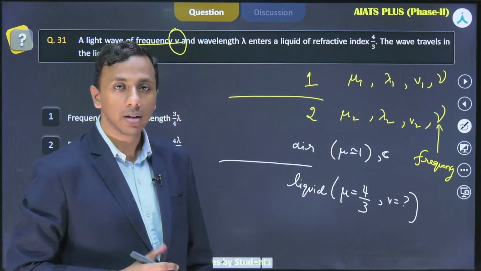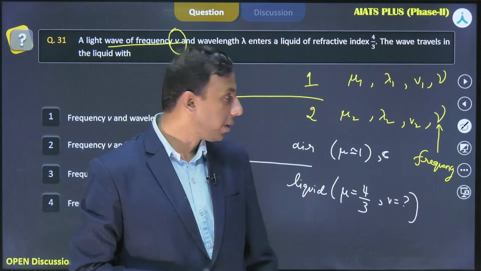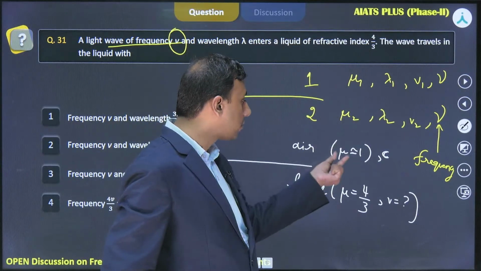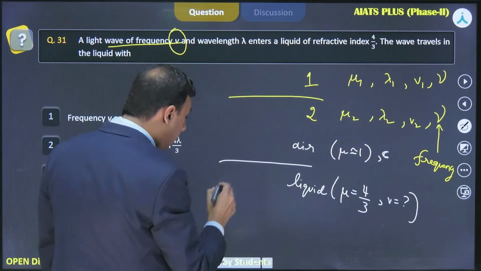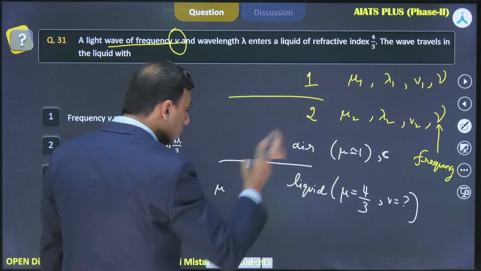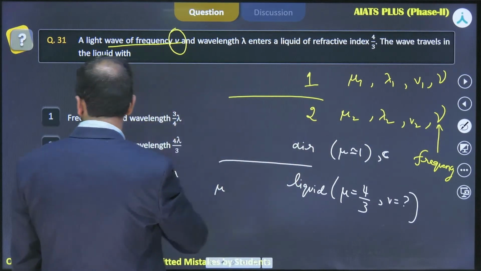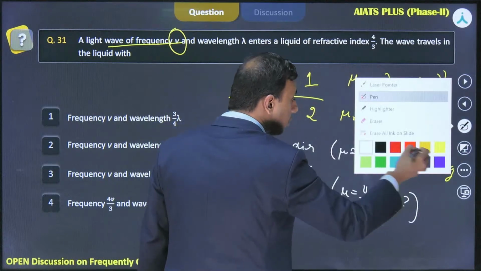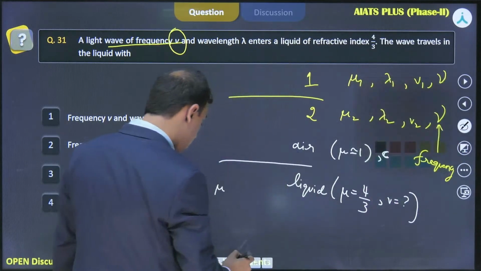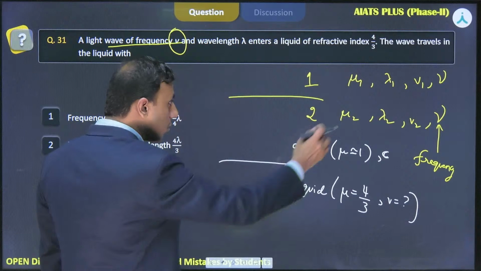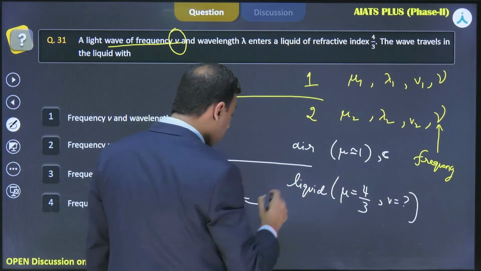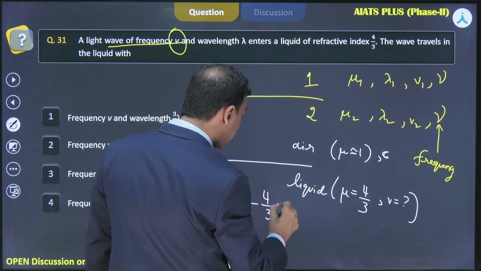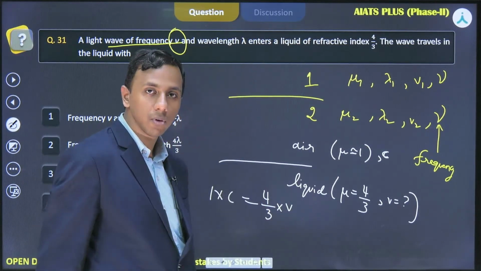So how will we do it? If you read the Huygens principle topic, all you have to do is see over here, mu into c, refractive index into velocity, right? You can remember it like this, mu into c, or mu is how much? 1. So instead of writing mu into c, you can directly write down 1 into c, okay? So 1 into c is equal to here 4 by 3 into v, okay?